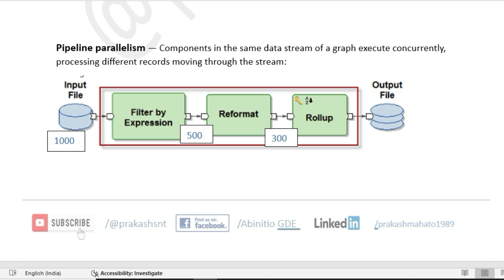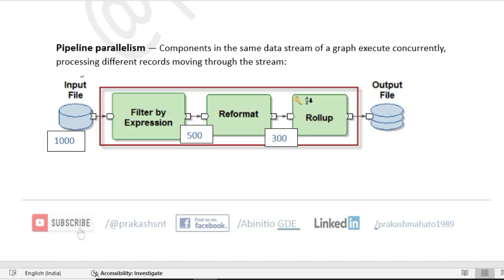So you can say the processing is happening in parallel in both components, filter by expression, reformat, and rollup. It is processing sequentially, meaning the data is pipelined. It is not that all the records are processed at a time. Some records are still pending to be processed and some have already been processed.